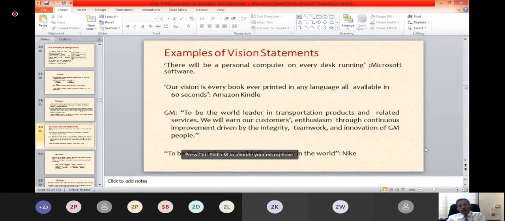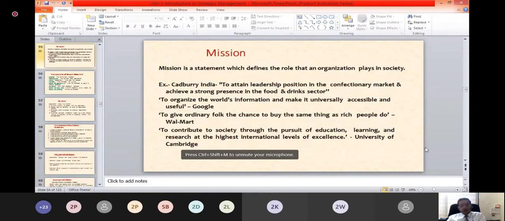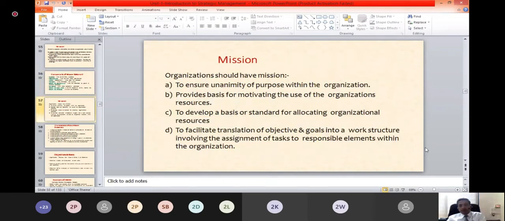So we also saw a few examples of vision, and then we discussed mission. What is a mission? A mission is a statement which is typically focused on present business scope, what we are, what we do. So basically, it will communicate the purpose or the reason behind the existence of a particular business. We also have seen some examples of mission, also the components of mission.